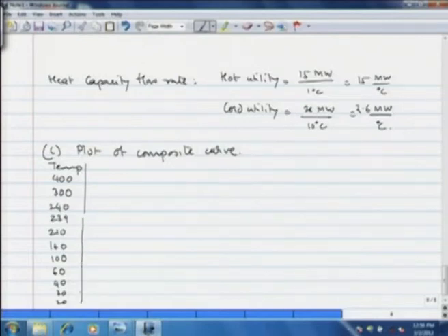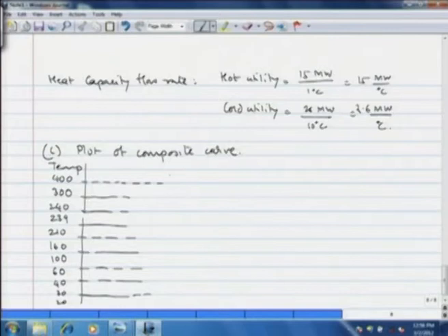Now again we have to give the stream data here. The 3 hot streams are, or let us say first we start the cold streams, stream population.